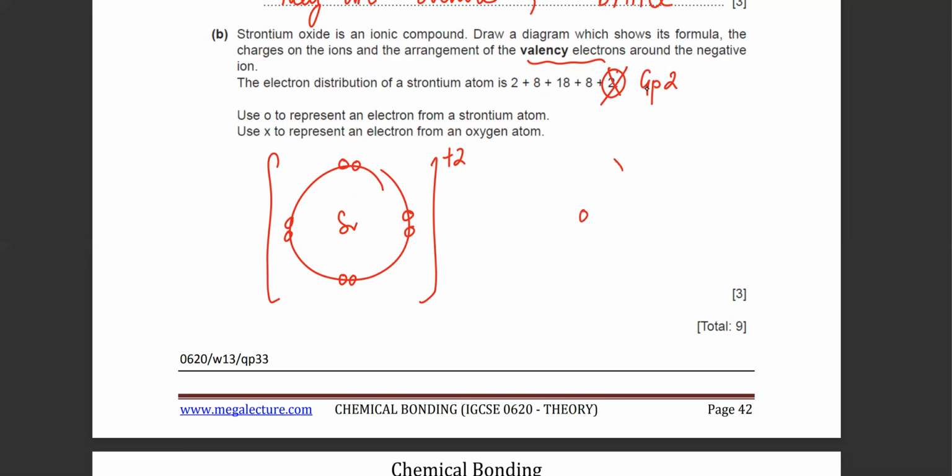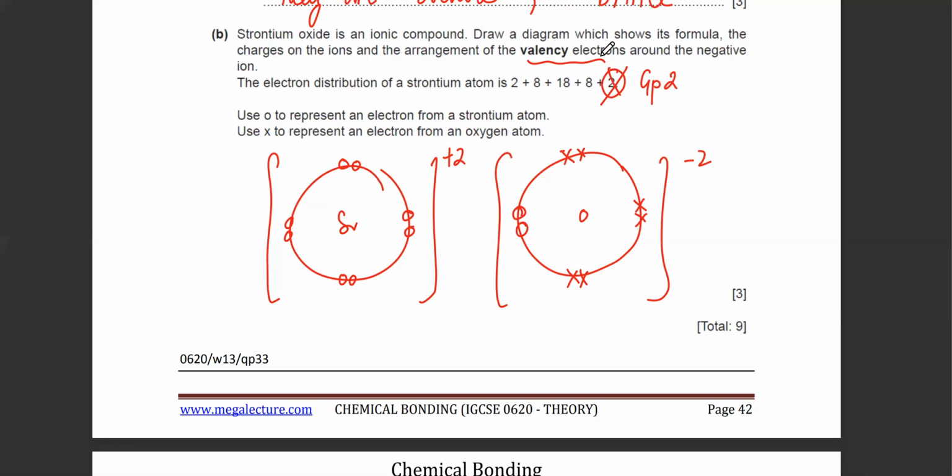Group 6 has 6 valence electrons. It's going to gain 2 electrons from strontium and it will have a charge of negative 2.